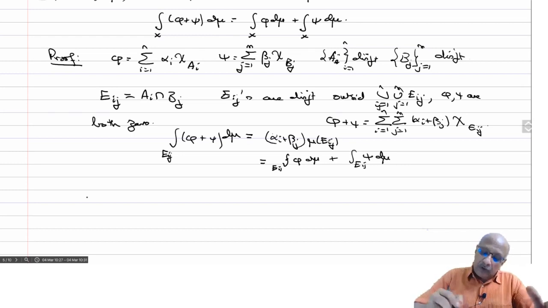So now the E_ij's are disjoint. Each of these is a measure. This is a measure, this is a measure, this is a measure, and therefore by countable additivity you can write it over the union.